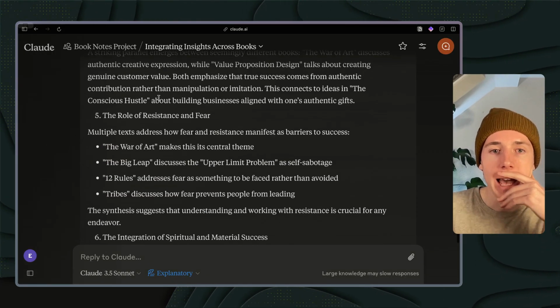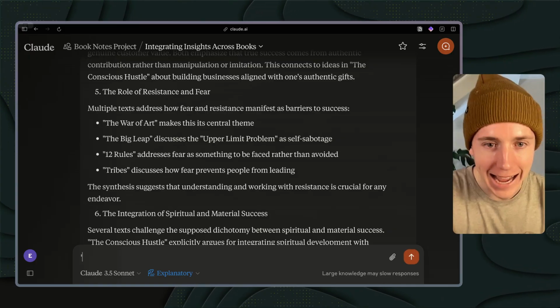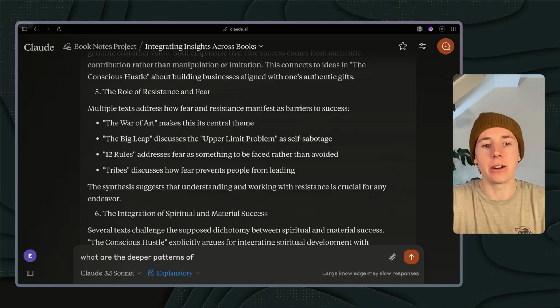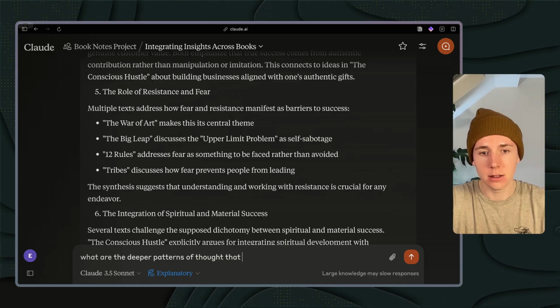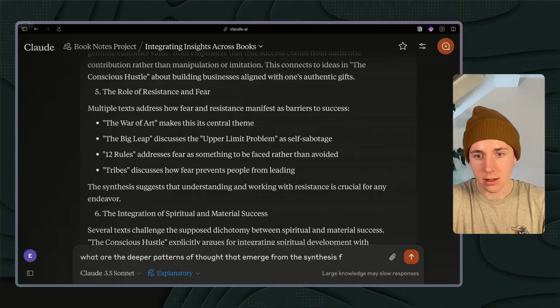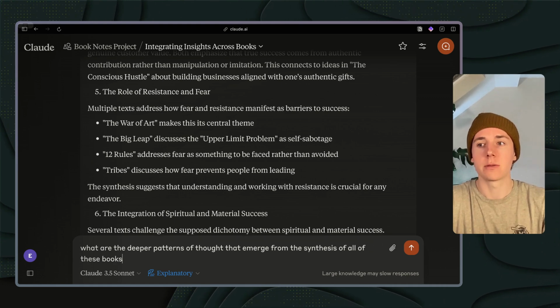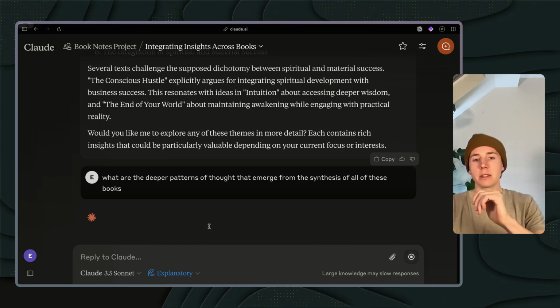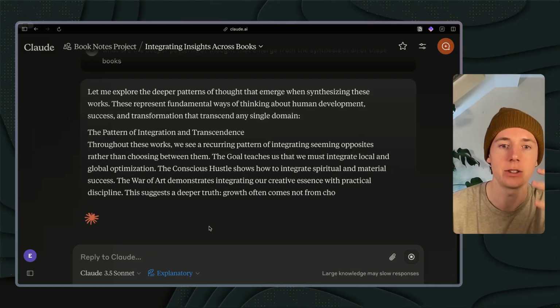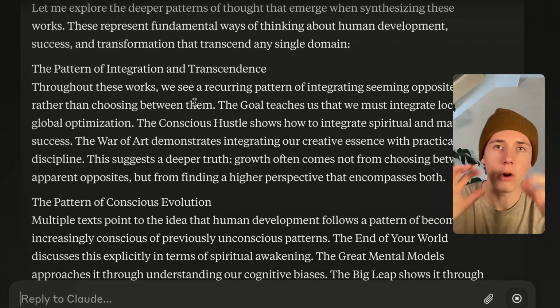When you add a bunch of books in here, you can start to ask things like, what are the deeper patterns of thought that emerge from the synthesis of all of these books? Then you can focus on the patterns, the ways that all of these books are similar.